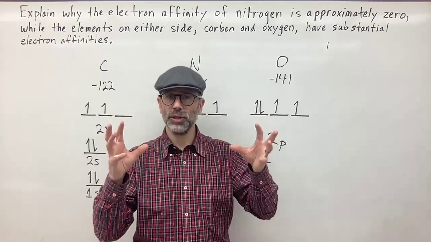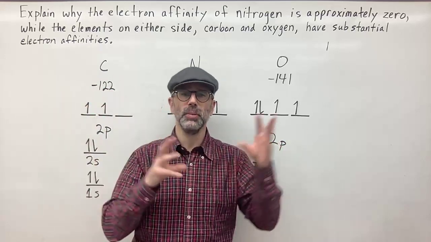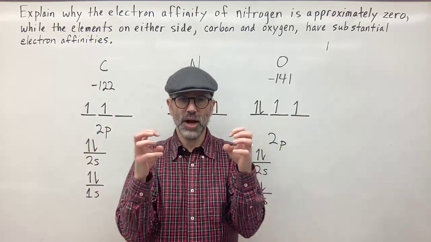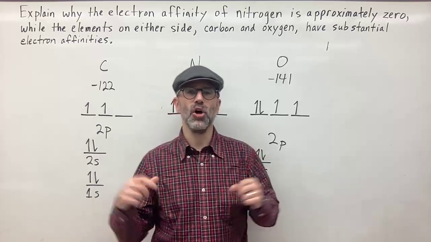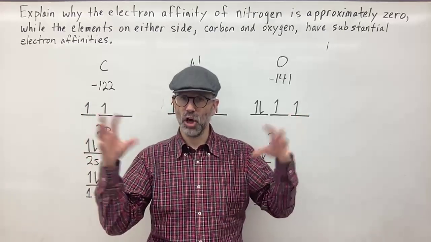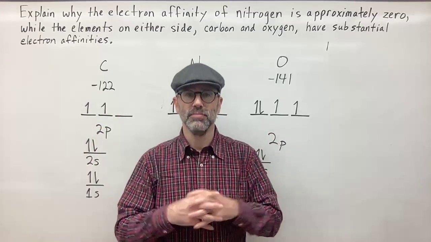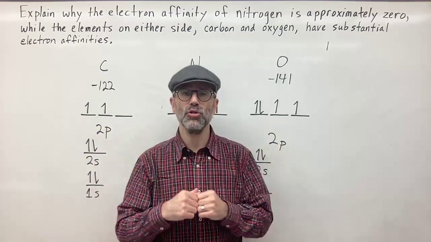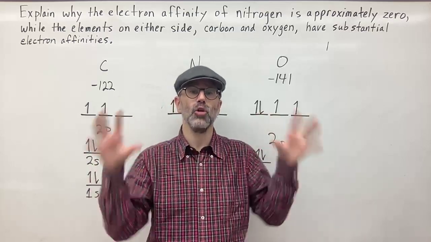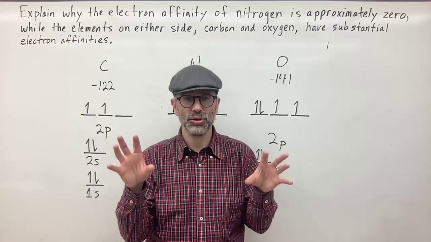The positive nucleus is going to be attracted to the negative electron, and the negative electron is going to be attracted to the positive nucleus. So they're going to be attracted to each other. According to Coulomb's law, the amount of force, or the energy between two charged particles, is going to depend on their distance apart and how large the charges on the particles are.